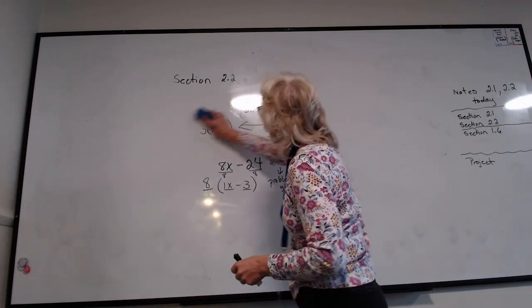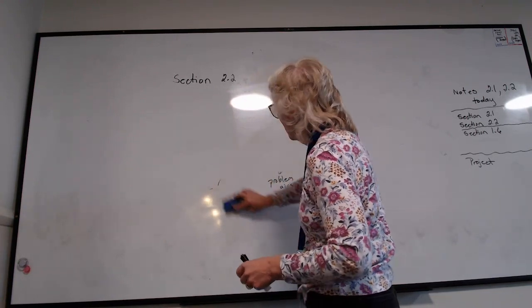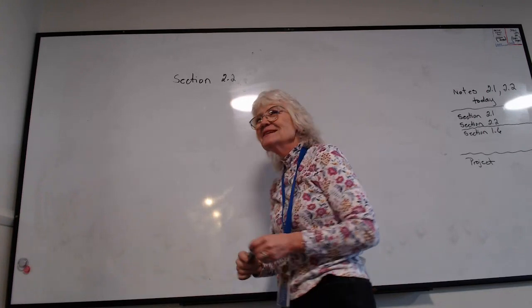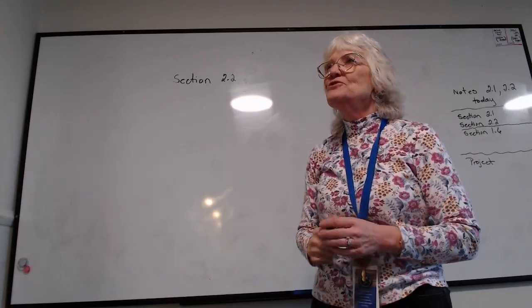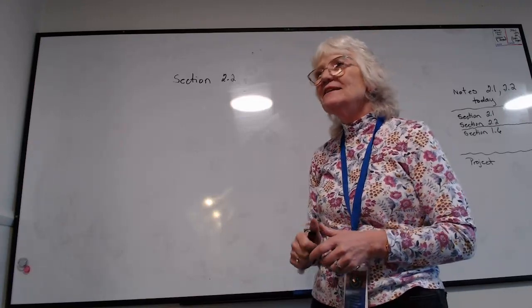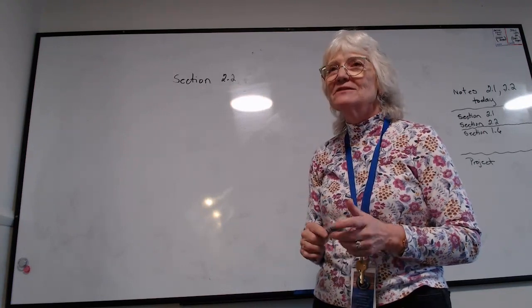Okay. Now what we're going to do is do a little mental math. How do I do mental math? Okay. You guys are becoming mental. No. Mental math means you're doing it in your brain. It doesn't mean anything about any other things that go along with the word mental.